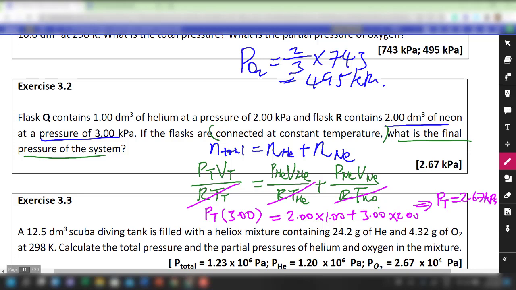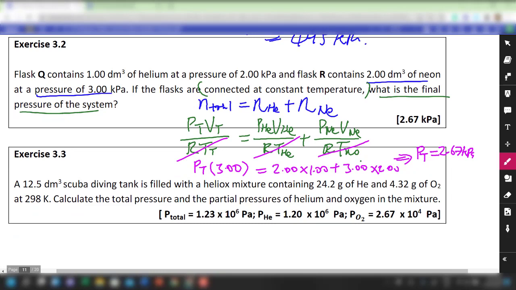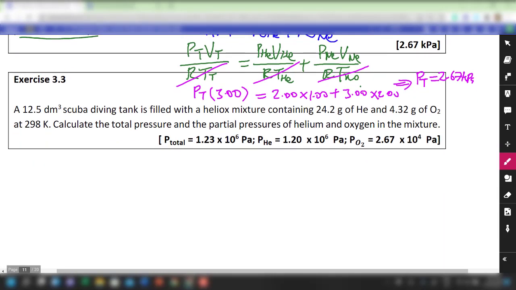I hope this is not too daunting and not too difficult to work on. Again, you need to get the logic correct, and this is not the only way to do it. If you choose to memorize some formula, like some students memorize P total V total over final temperature equals P1 V1 over T1 plus P2 V2 over T2, that's fine, but you really do not need to, as long as your logical thought process is strong.